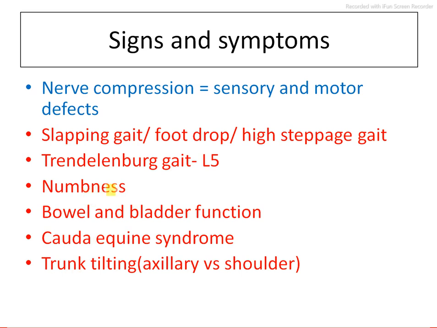Another is when there is nerve compression, it can give rise to sensory and motor defects. So sensory at the level of dermatome, motor at the level of myotome. And there can be disturbance in gait like slapping gait, foot drop, high steppage gait, Trendelenburg gait when there is L5 defect, and sensory numbness, paresthesia, bowel and bladder incontinence, and saddle anesthesia.